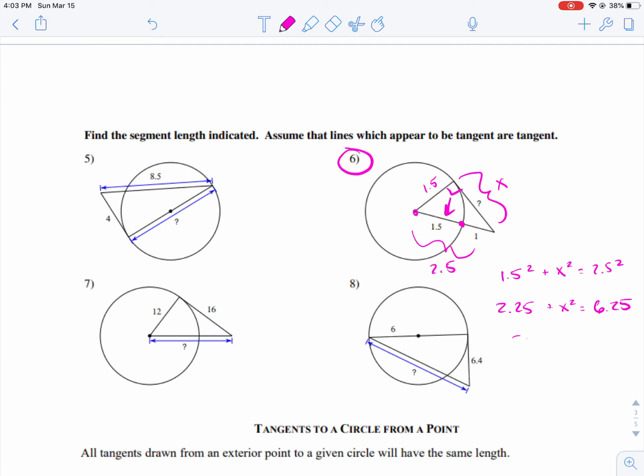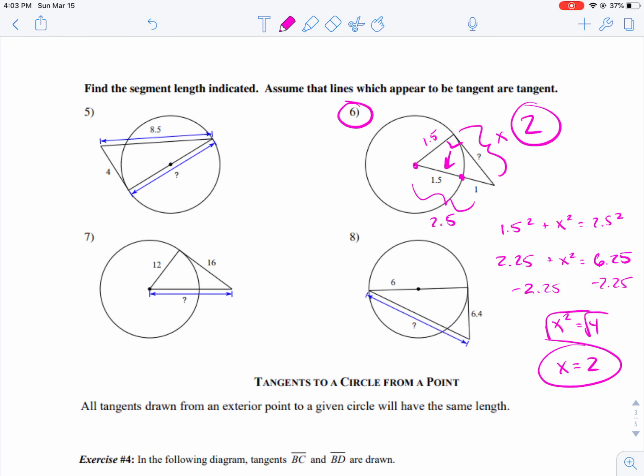Then solve for x. x squared is equal to 4. Take the square root. x is equal to 2. That's what you want to do for those ones.